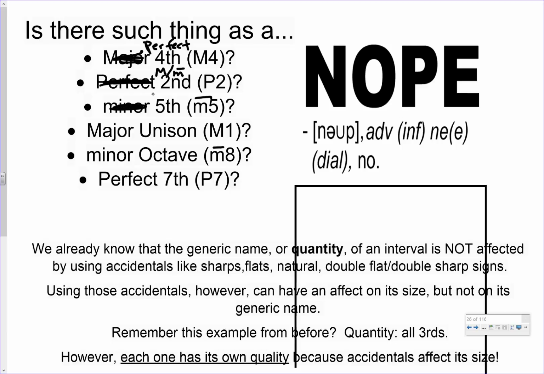No. Fifths are perfect. How about a major unison? No. Unisons or primes are considered perfect. Or a minor octave? Nope. It would be a perfect octave because it's an 8. And there's no such thing as a perfect seventh because sevenths are major or minor.